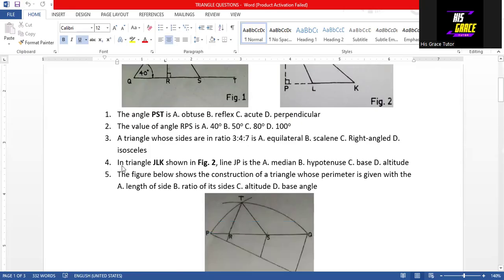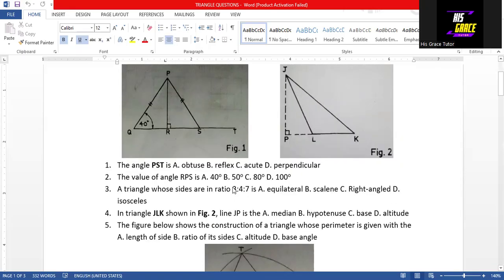Then question 4 says that in triangle JLK shown in figure 2, line JP is, so this is line JP. So line JP is an altitude, that's option D.